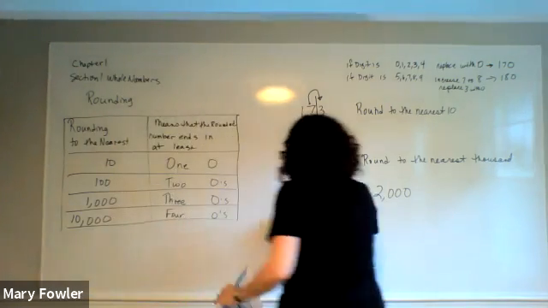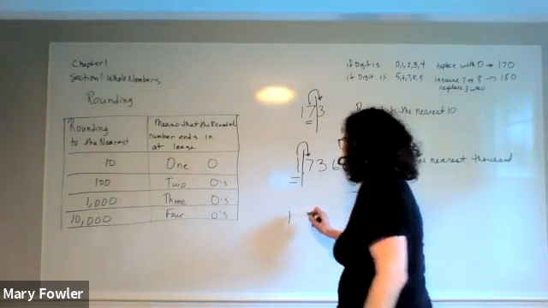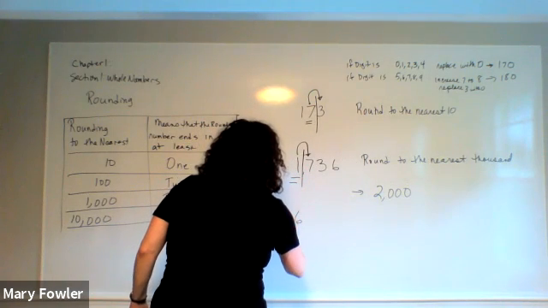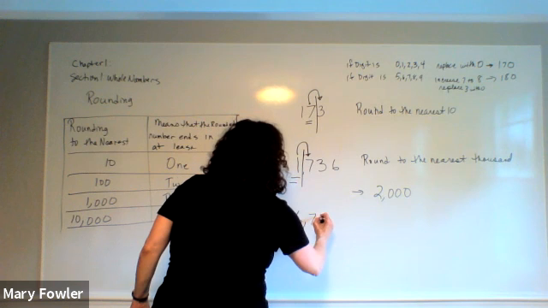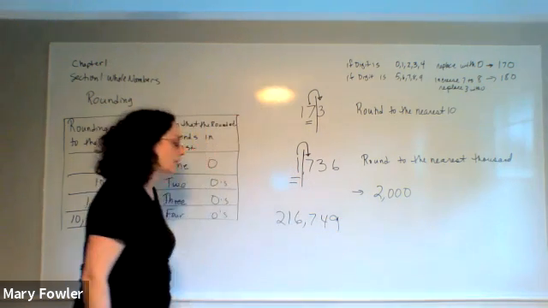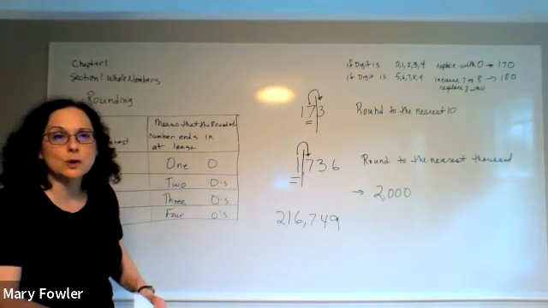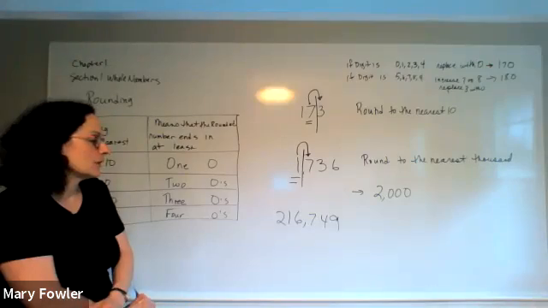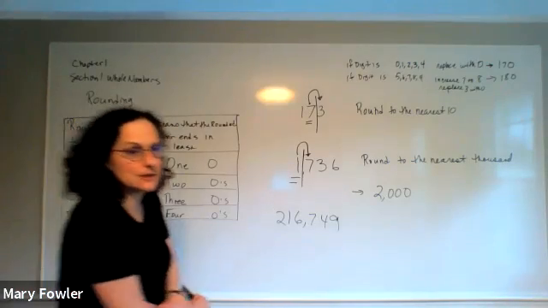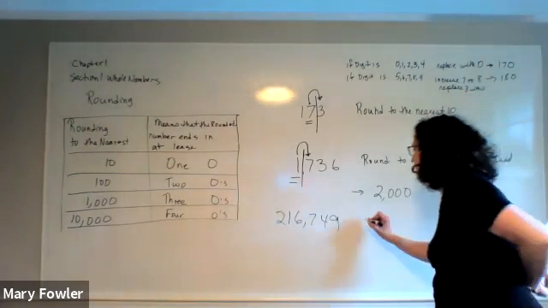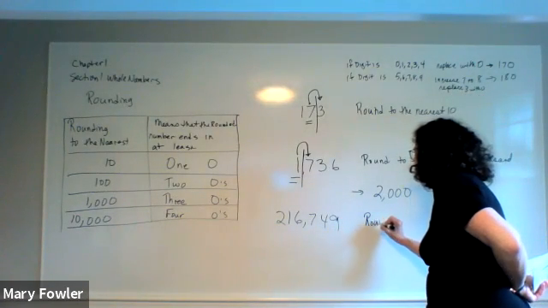Okay, let's do another one. There's a big number, 216,749, and I want to round that to the nearest 100.